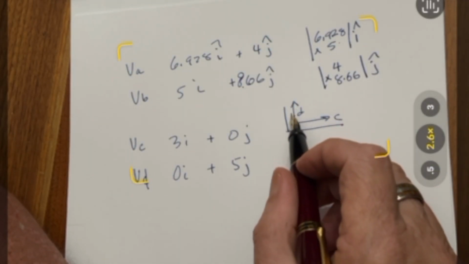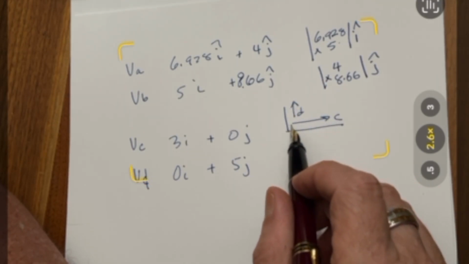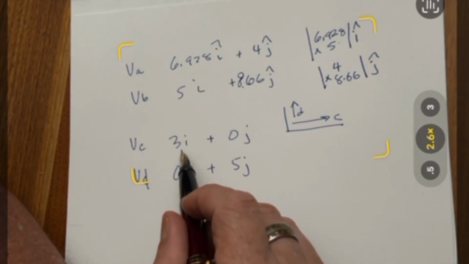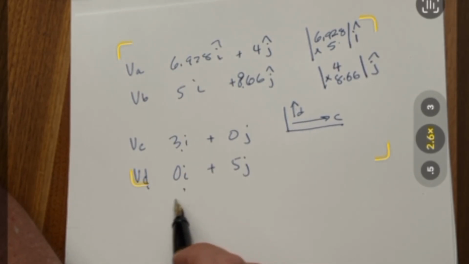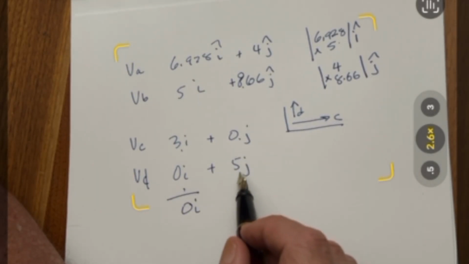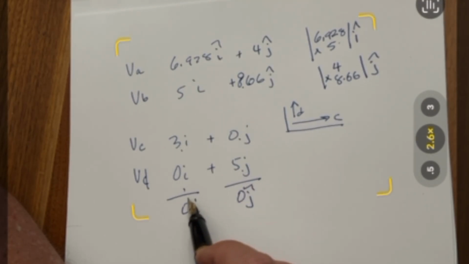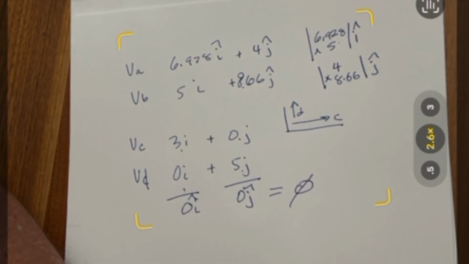But when you're dealing with two vectors that are perpendicular to each other, or orthogonal, you have 3i times 0i equals 0i. You also have 0j times 5i, or 5j, and that again is 0j. So the answer is 0.